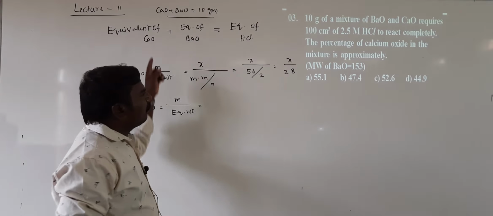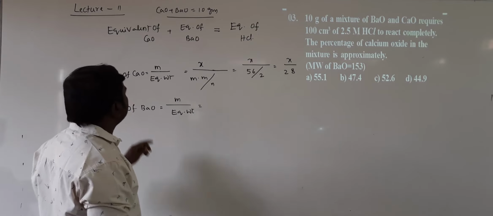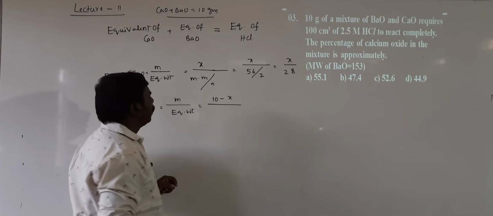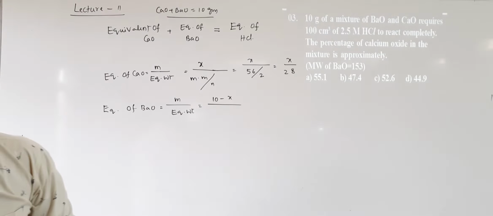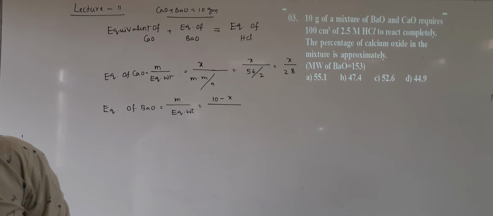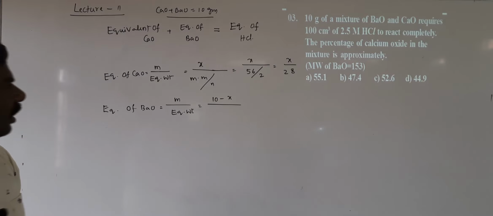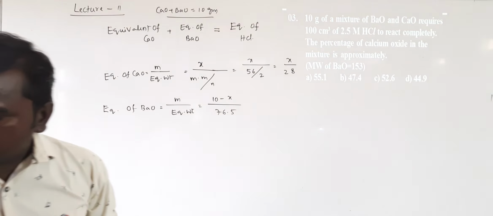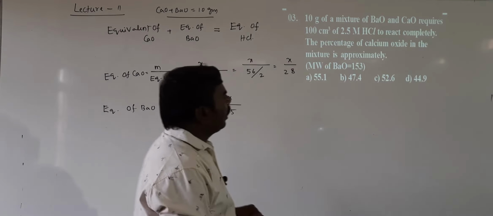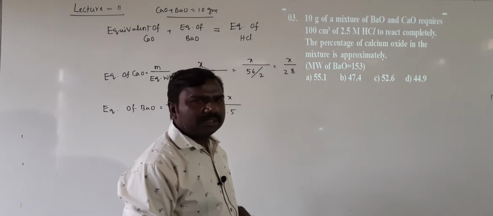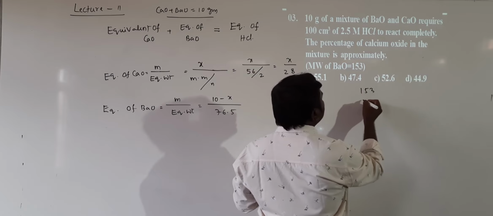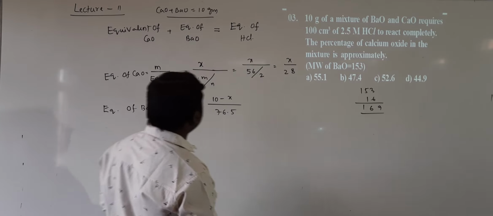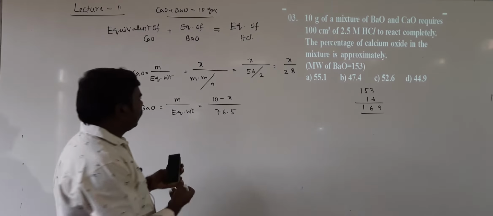CaO equals x and BaO equals 10 minus x, by molar mass of BaO. Barium 153, oxygen 16, so 169.